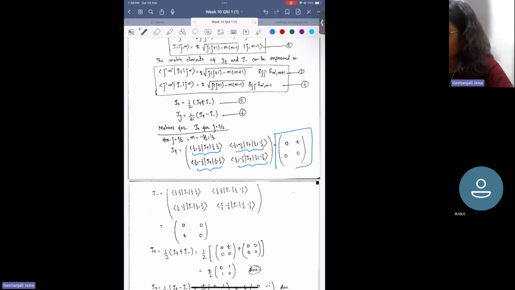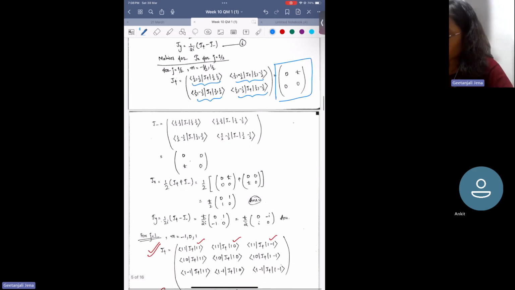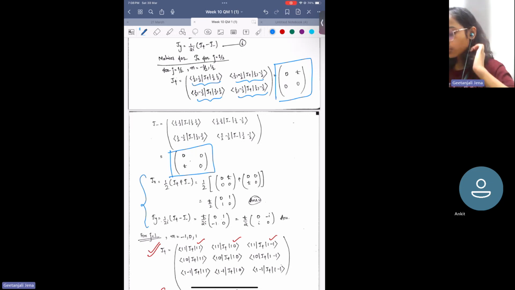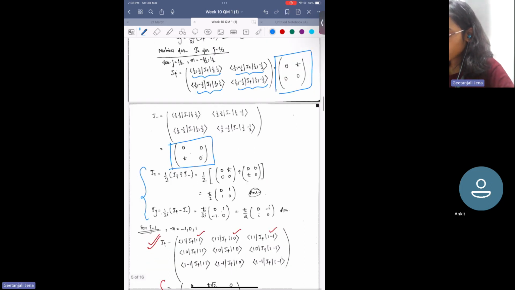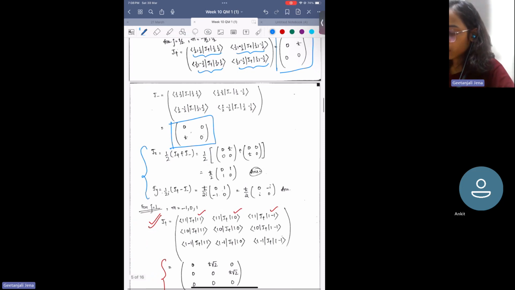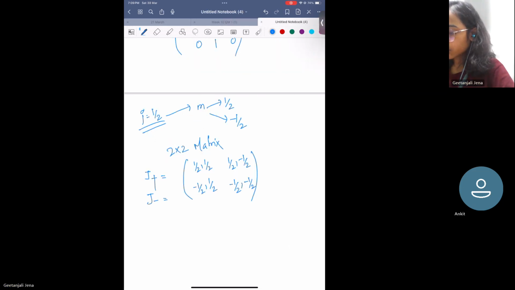So you will get a matrix like this, and for j minus you will get this matrix. So using this j plus and j minus value, you can easily find out what is the matrix for jx and jy. I have not completely solved this one. I think you can follow the same process I have done for j equal to 1. Otherwise, if you want me to solve, then I can solve it.